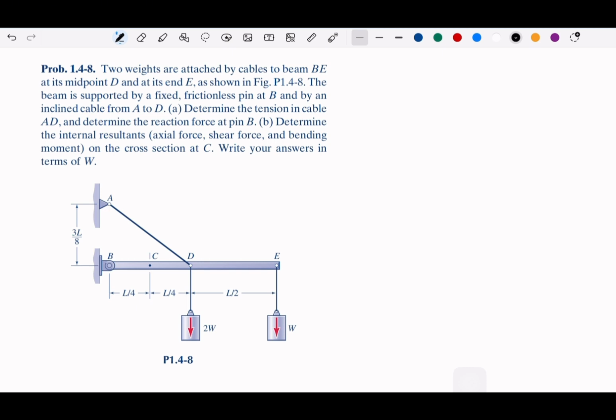We have 3 over 8 L, and we have L over 4, L over 4, 2 over 4, which is proportional. So we have a 3, 4, 5 triangle.